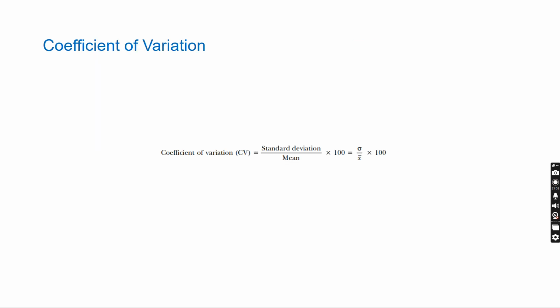Now in the next slide, we have another formula which is coefficient of variation, which is basically we are converting the standard deviation into something which is called COV, which comes in terms of percentage. So assuming your standard deviation was say 10 and the mean was say 25, you multiply it with 100.